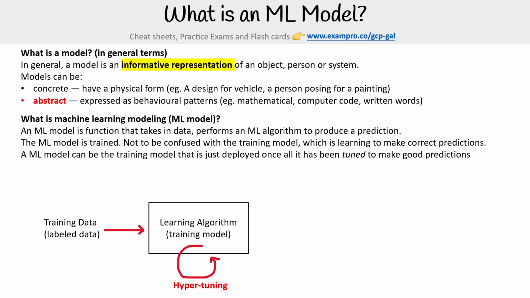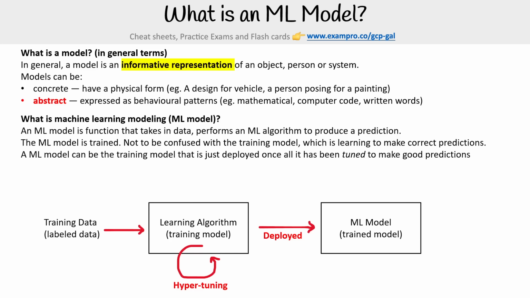And then you have hyper tuning, where you are continuously tweaking the model to get it to where you want it to be. Okay. Then once you deploy the model, that is your trained model, your machine learning model, which can go and produce predictions.